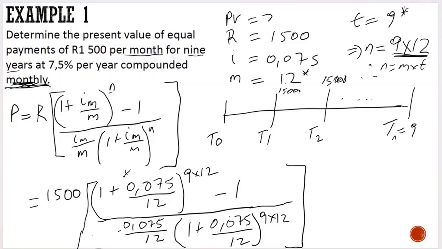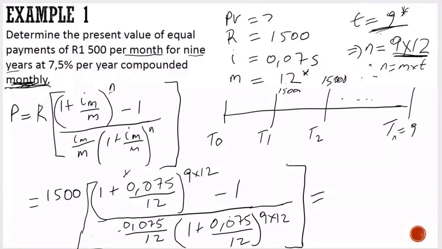It's going to ask you for the interest rate, the compounding periods, T the number of years, and the payments, and then it's just going to give you the answer. That is a calculator that you would use. It's an online financial calculator.